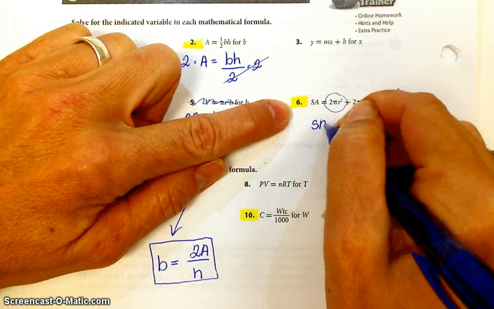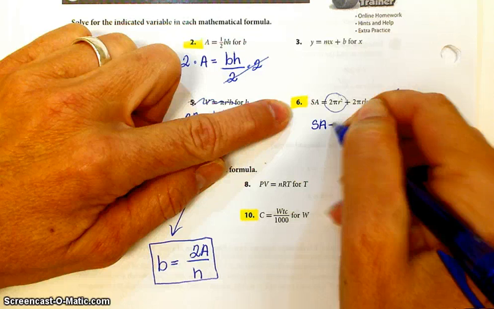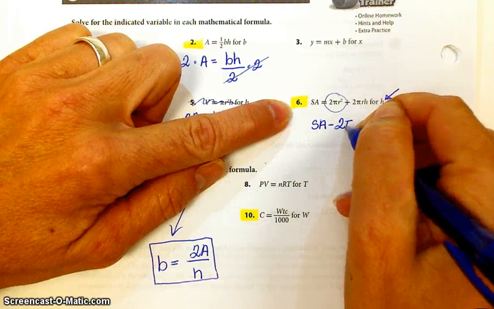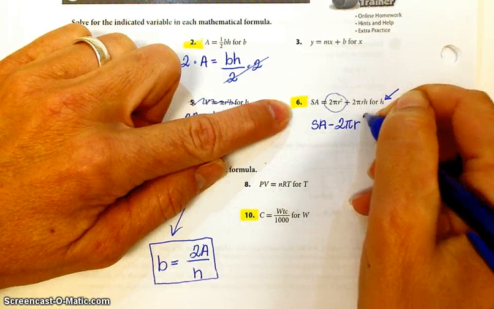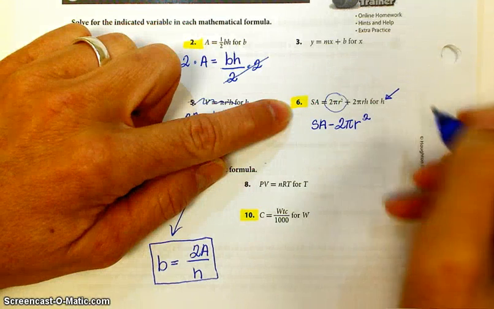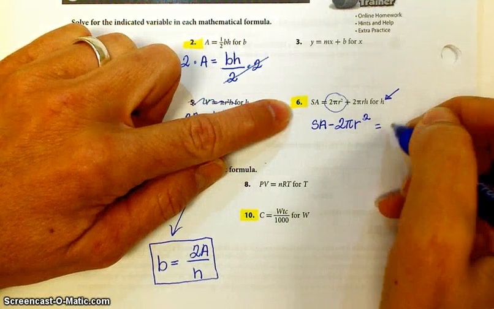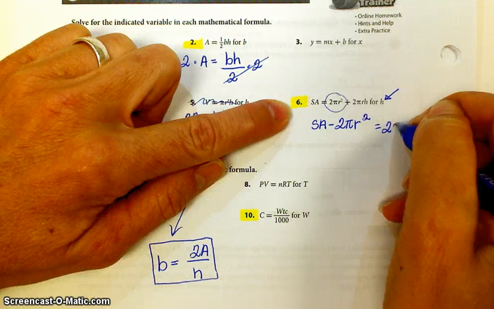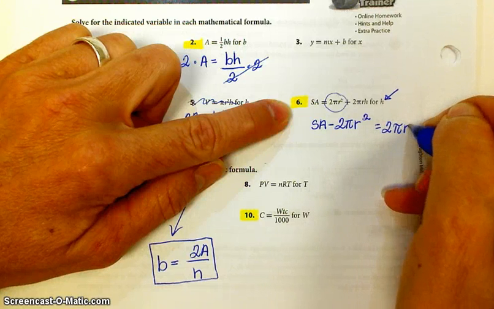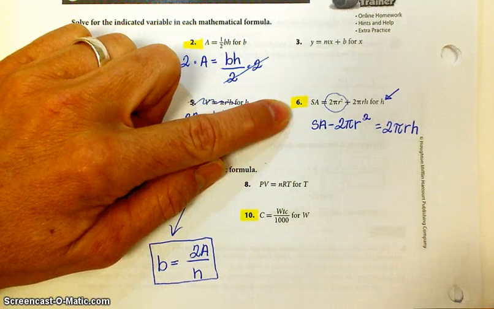So I'm going to have surface area minus 2 pi r squared equals 2 pi r h.